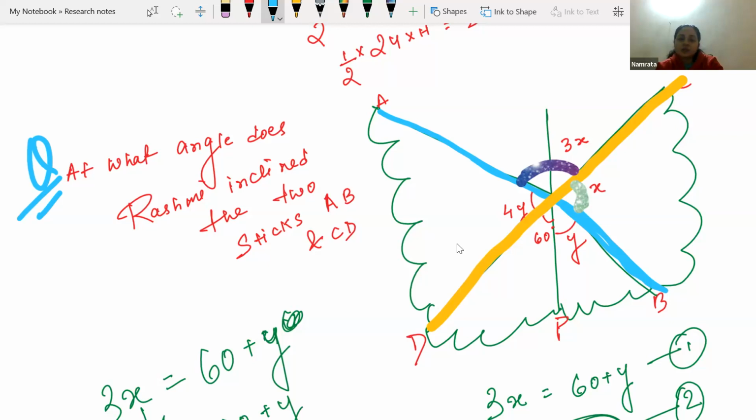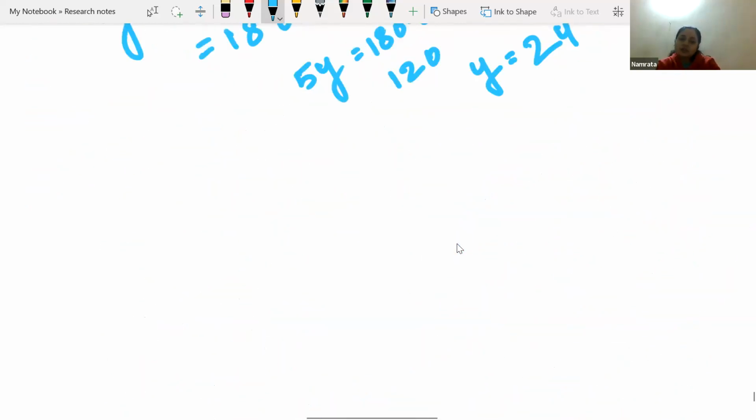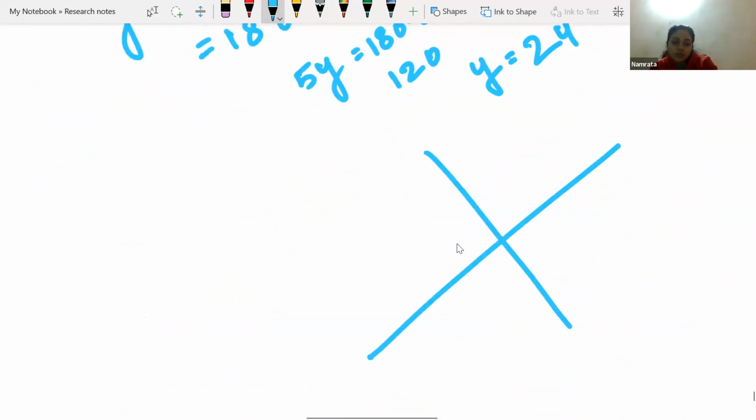This stick and this stick are joined at the midpoint. Both are 10 centimeters, and both are joined at the midpoint. Then OA will be 5, right? I believe we are missing something in this question, because this is a very straightforward question. OA will straightaway be 5.